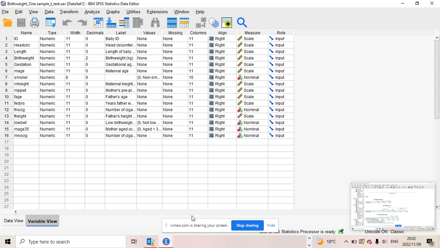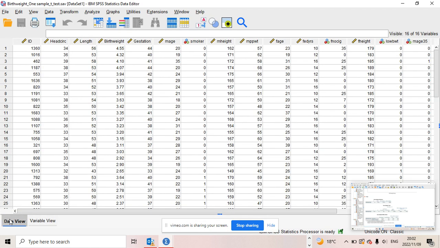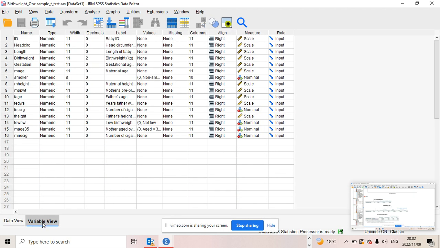For example, if you want to put in focus the data view, then you click on the icon for the data view. Then you can see the spread of the data. Then if you want to see the variable view, you click on the variable view icon, and then you'll be able to see the various variables that are involved in the data set.